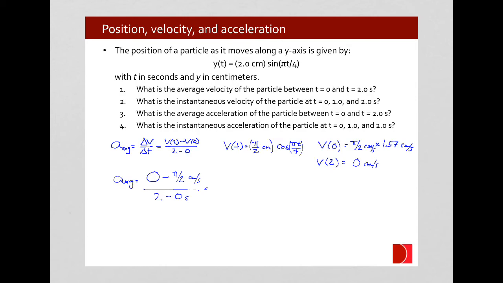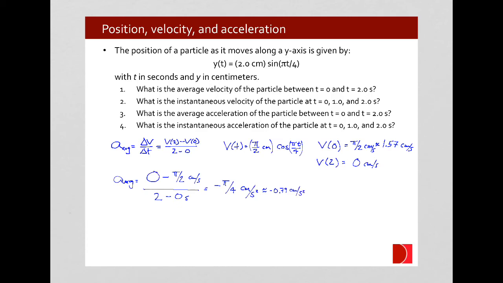And that gives us minus pi over 4 centimeters per second squared. This, again, is the exact amount. But we can approximate it as negative 0.79 centimeters per second squared.